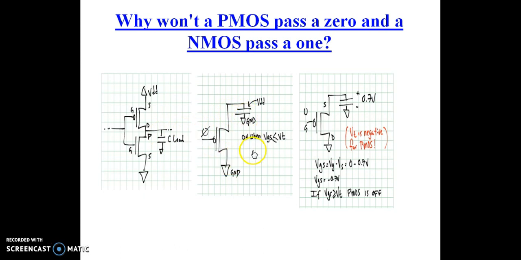Now as we know, for the PMOS, whenever VGS is less than or equal to minus 0.7, the device is turning on. Now here VGS equals VG minus VS, that is equal to 0 minus 0.7. At the start, suppose the voltage across this capacitor is VDD, that is, the capacitor is previously fully charged.